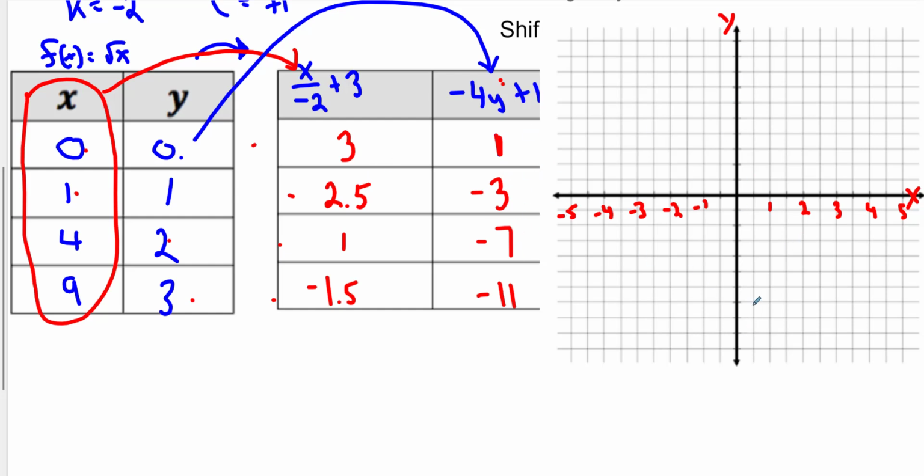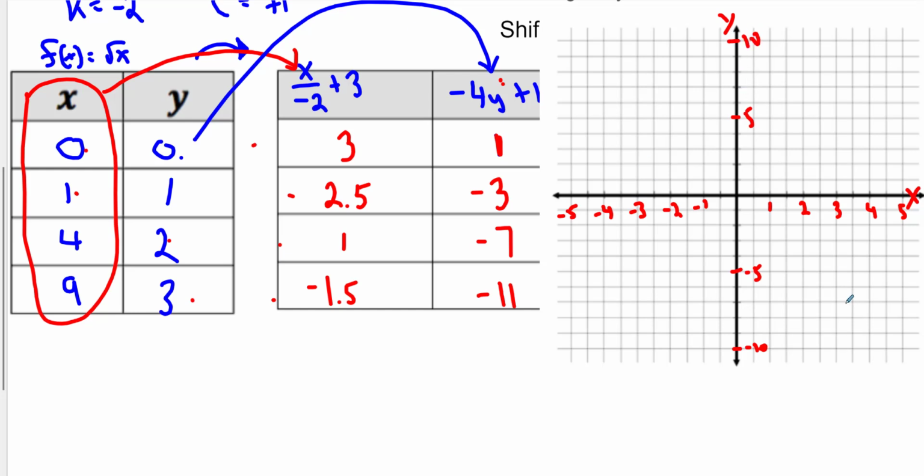We'll go up by 1s. So this is 1, 2, 3, 4, 5, negative 5, 1, 2, 3, 4, 5, negative 10. And 1, 2, 3, 4, 5. Okay, so we got our axes.